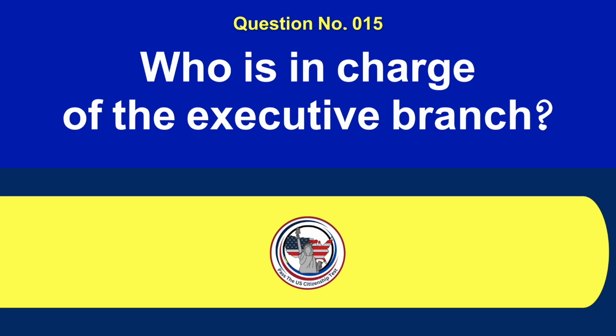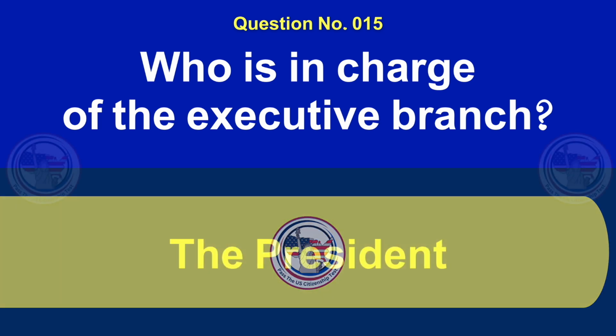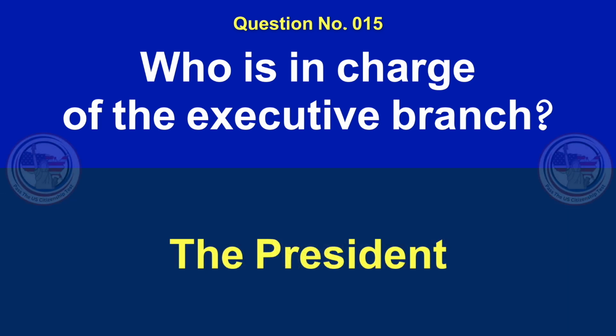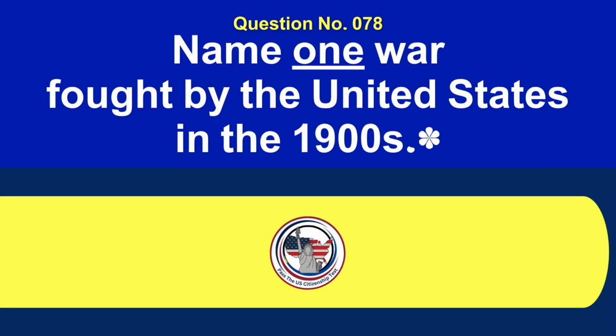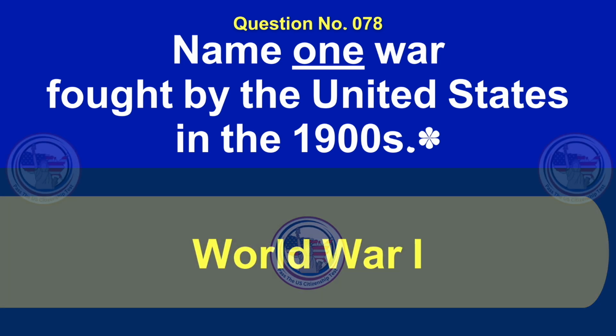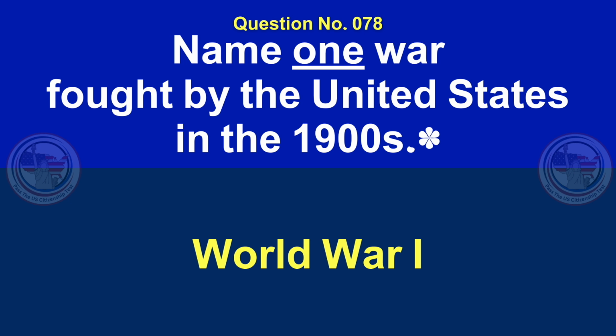Who is in charge of the executive branch? The President. Name one war fought by the United States in the 1900s. World War I.